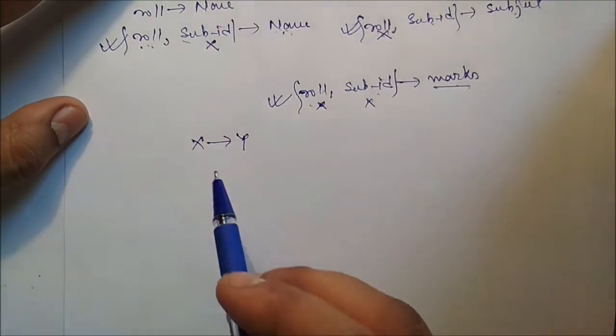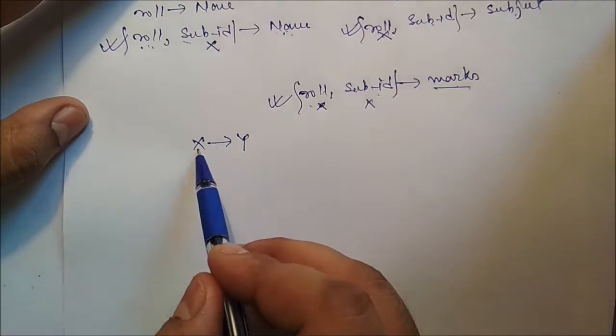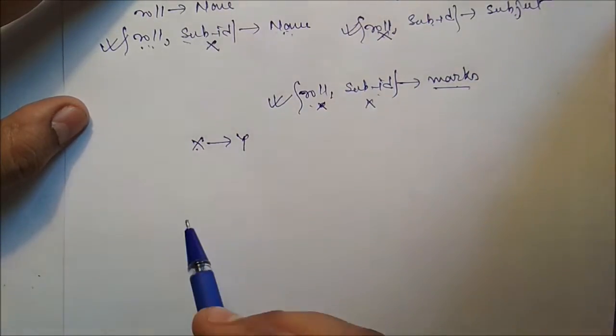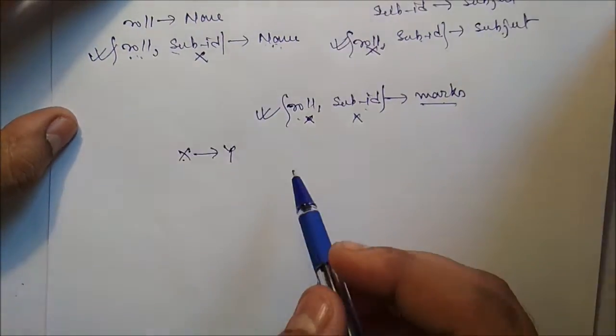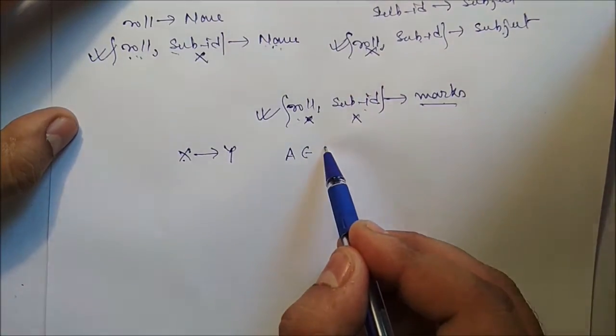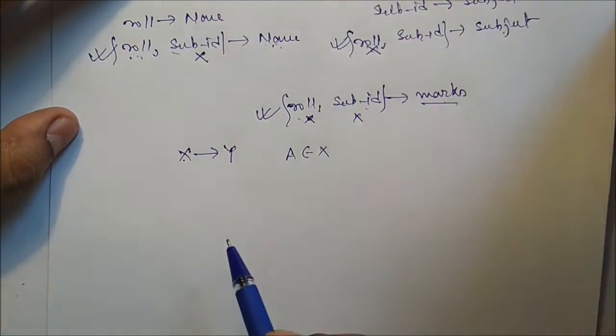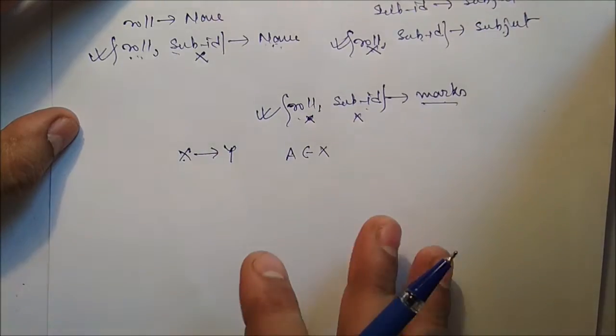Partial dependency: a functional dependency X determines Y is a partial dependency if some attribute A belonging to X can be removed from X and the dependency still holds.